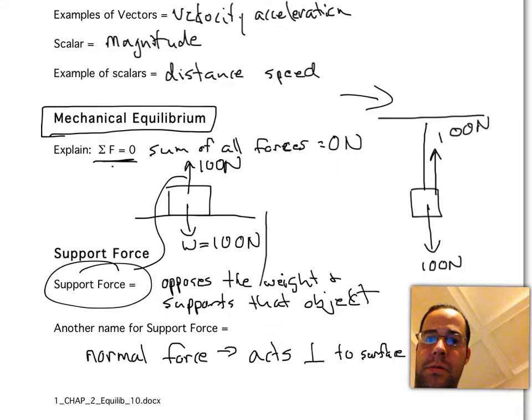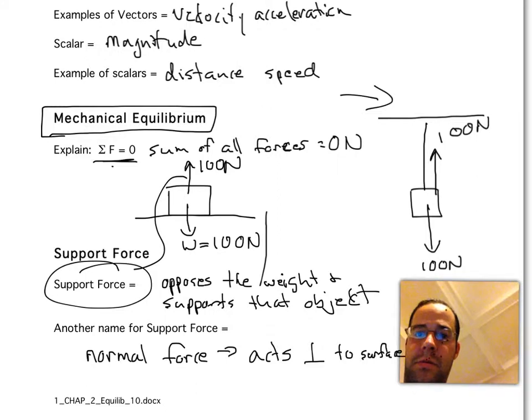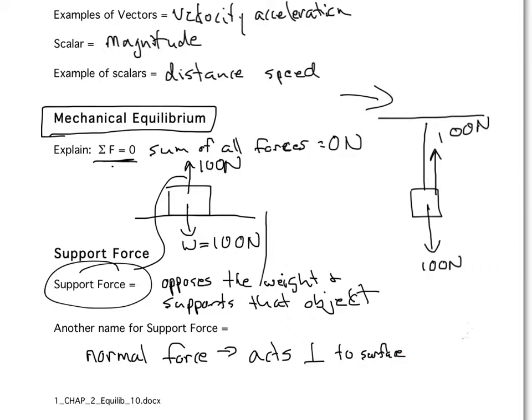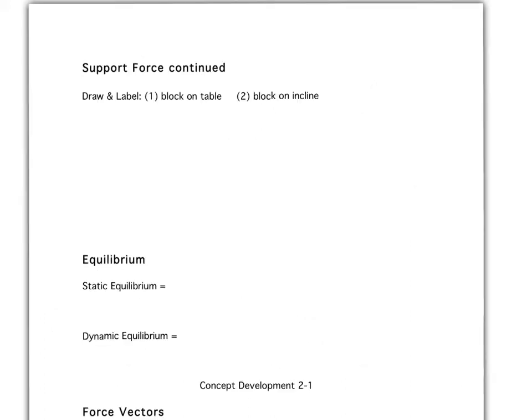To give you an example of what I mean by the support force or normal force acting perpendicular to the surface, let's flip the page over. And then on slide 2, we'll see what this looks like.